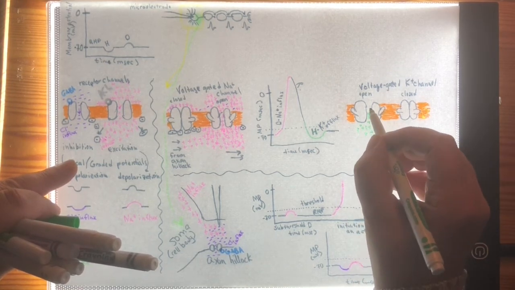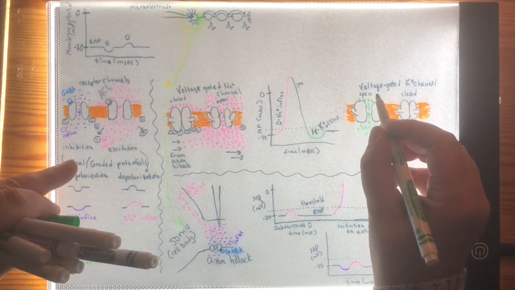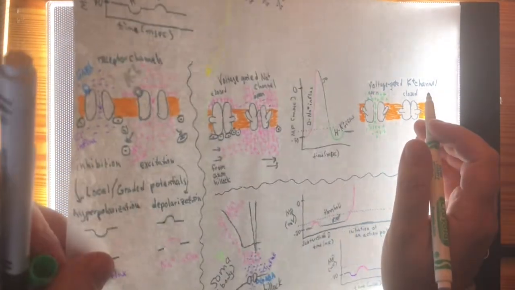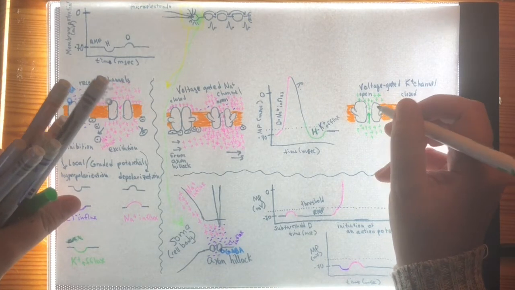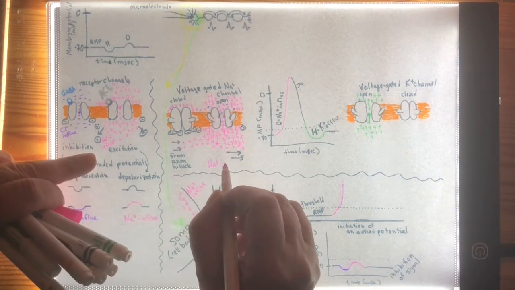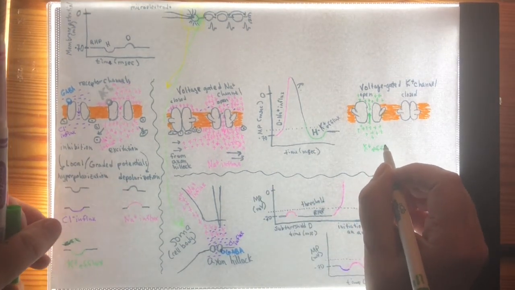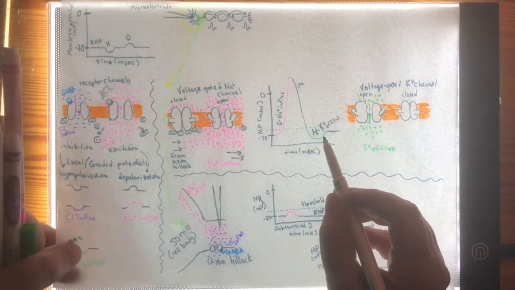It's just that the voltage-gated potassium channels have a little bit of a delay. They're called delayed rectifiers. And so you see the potassium efflux in this case, which causes a slight hyperpolarization, which causes the membrane potential to dip below the resting membrane potential for just a brief period of time, making the next signal much less likely.